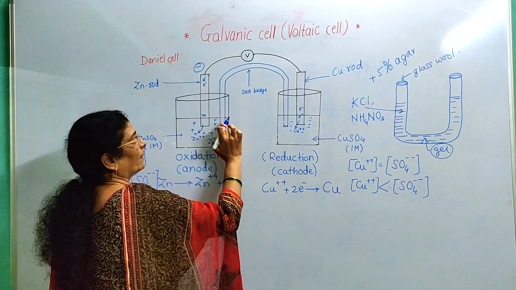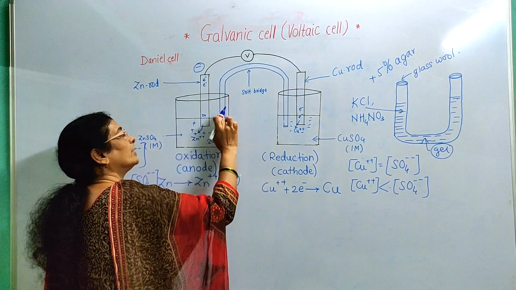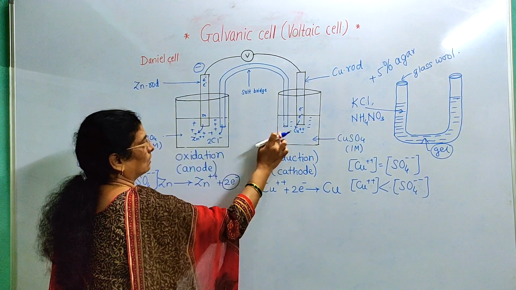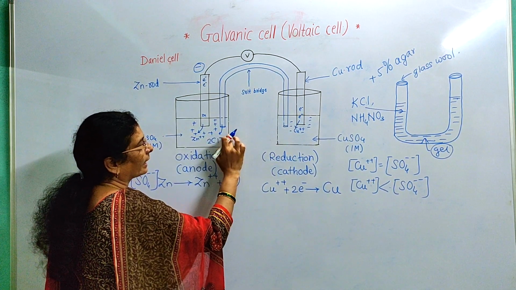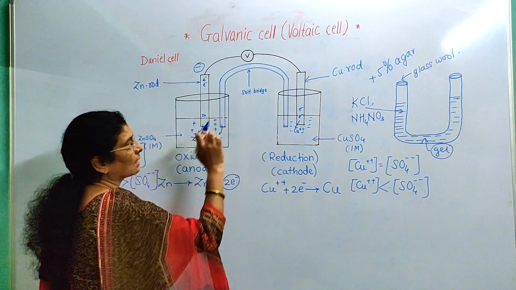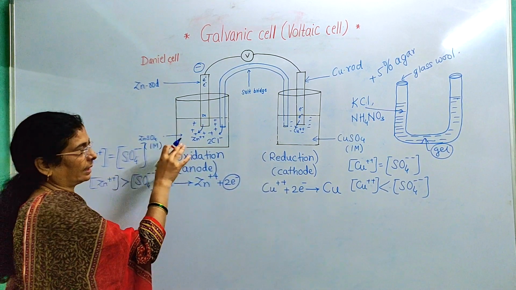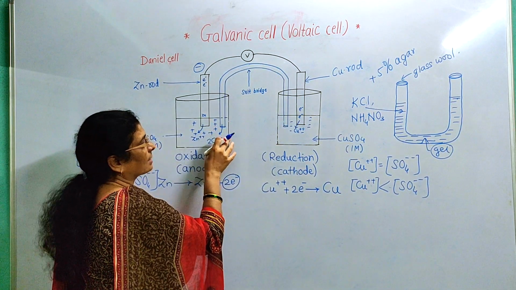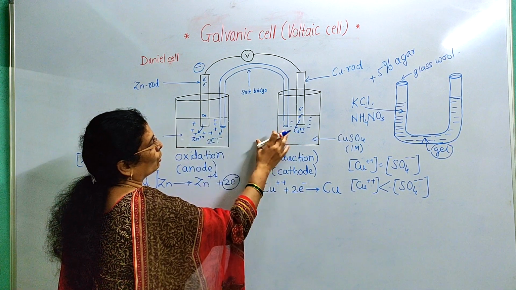Remember, this works as a bridge, and this bridge is of salt, and so it is called a salt bridge. These two electrolytes, ZnSO4 and CuSO4, are connected indirectly by the salt bridge, and the salt bridge maintains electrical neutrality between the two solutions.